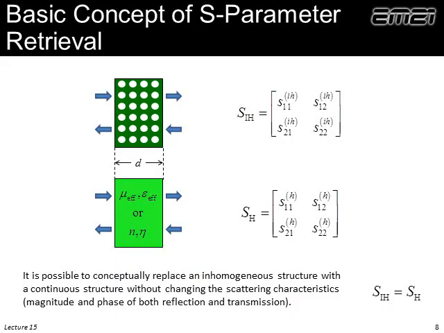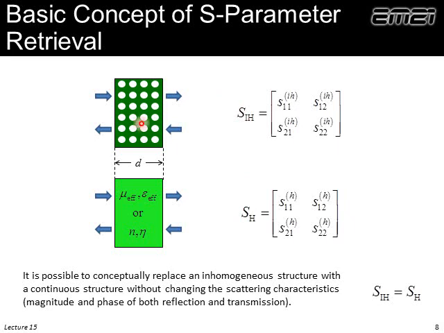To reiterate what we said a few slides ago, essentially, if we have a metamaterial, photonic crystal, mixture, slab, whatever, and we measure the scattering parameters, if somehow we knew the effective properties of that, we could replace it with the same thickness, but with a homogeneous slab with those effective material properties, and measure the exact same scattering parameters.